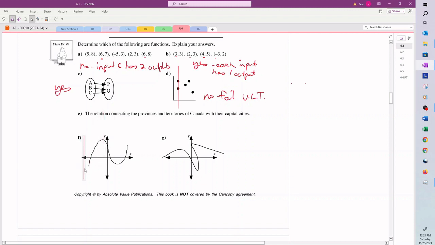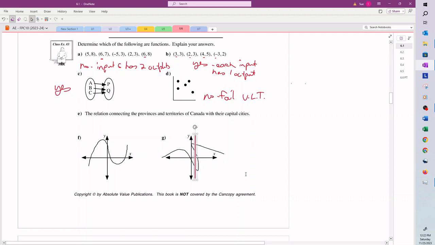down to F. Okay, so here we go. That one's fine. That passes the vertical line test. This one, nope. We have points actually everywhere from here to here, where it's touching in more than one place.